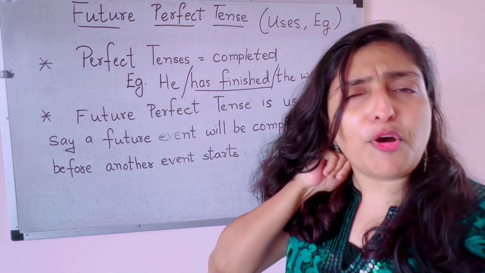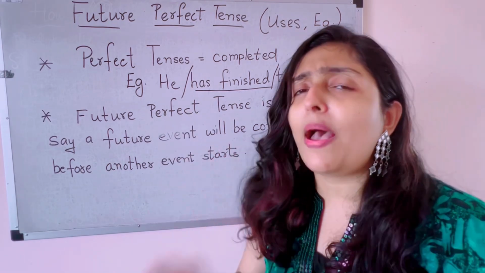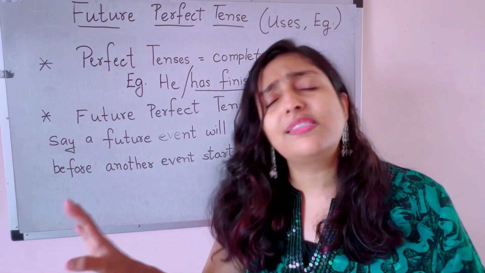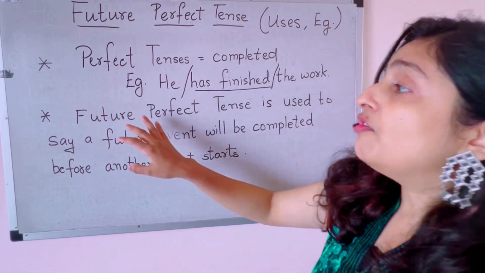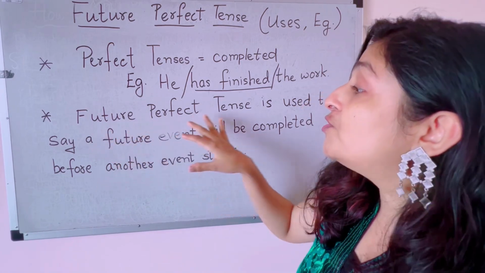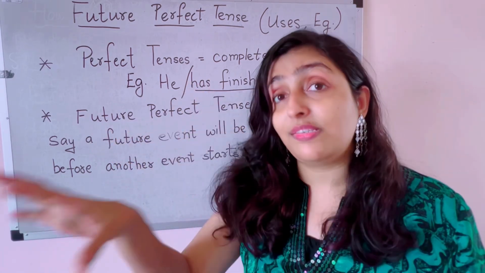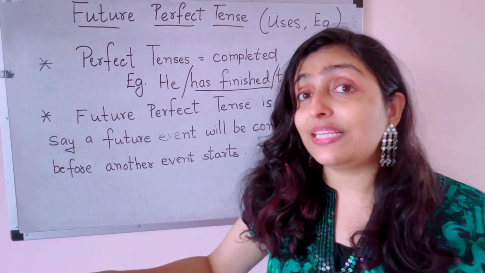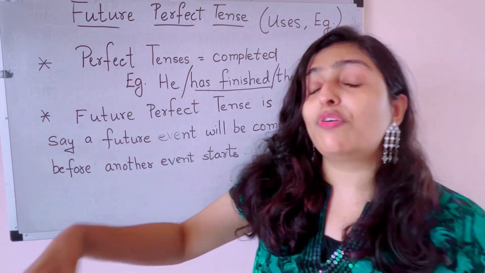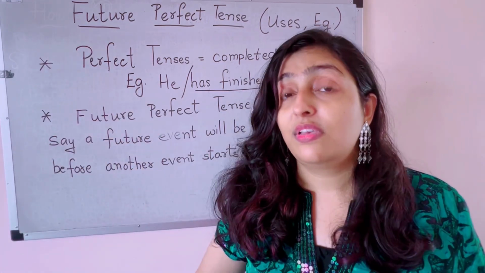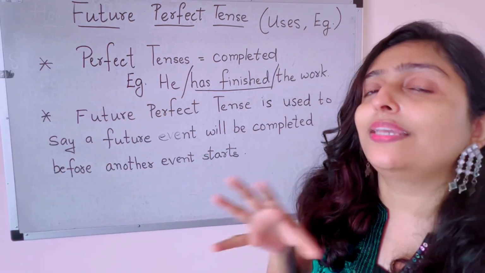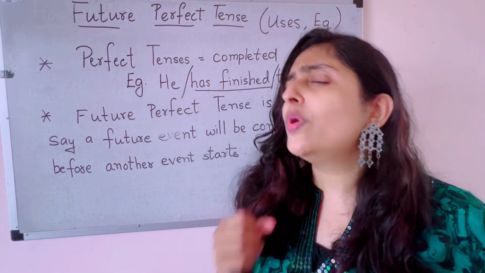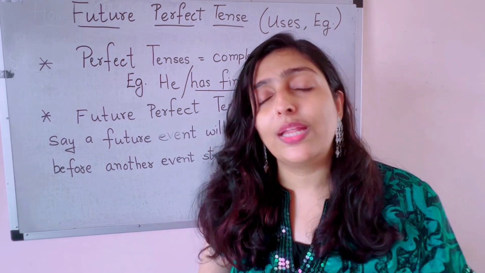In the other perfect tenses of present and past, the action or the event is already done. It's completed. But why do we use future perfect tense? It implies that a future event will be completed before another event starts. The time would be specified in some cases in future perfect tenses. You would get a better clarity when we look at the example.